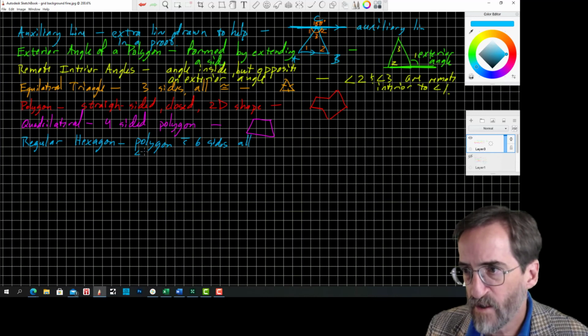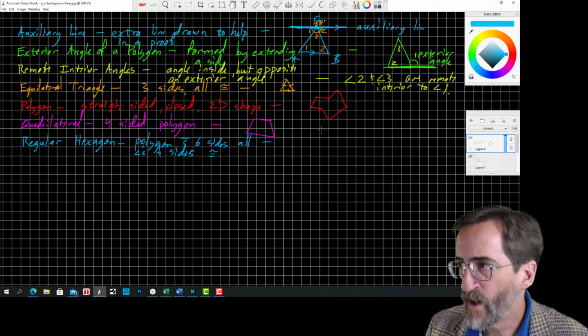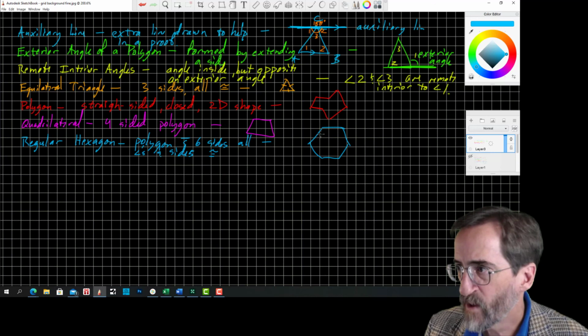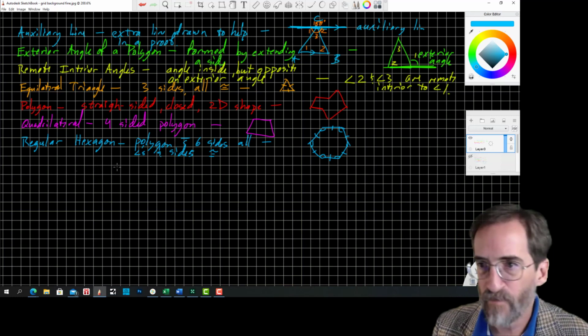All angles and sides are congruent. Regular hexagon looks kind of like this, in which all 6 sides are the same length, all 6 angles are the same measure. Angles and sides are congruent in a regular polygon.